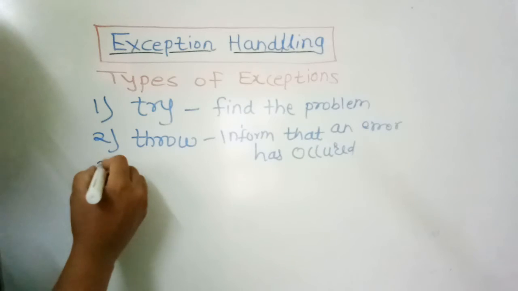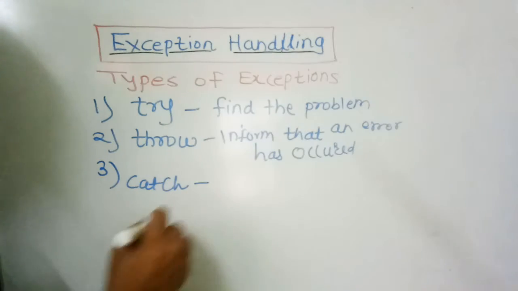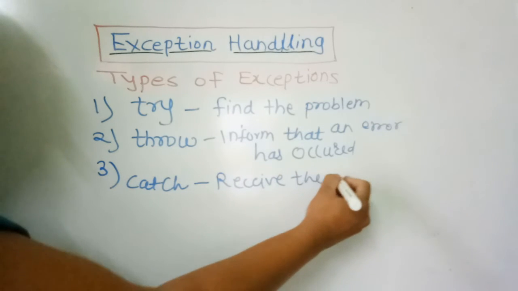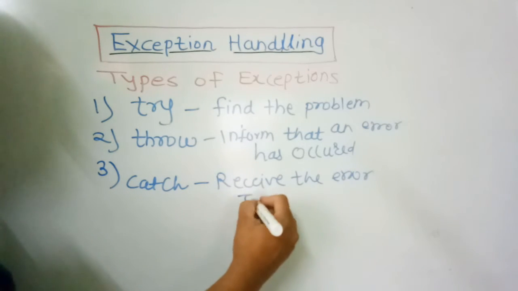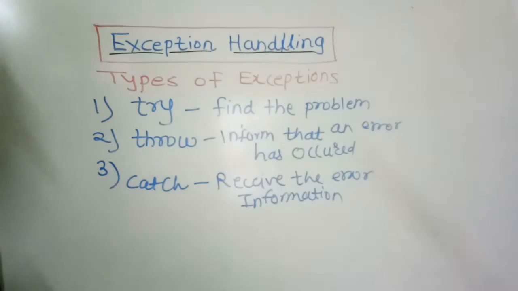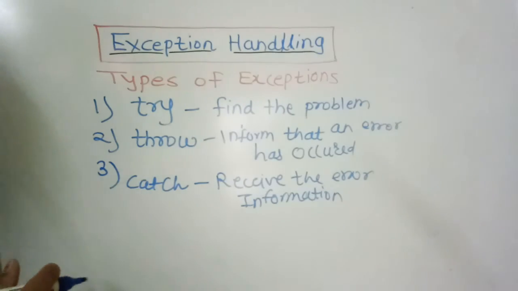Third is the catch mechanism. It receives the error information. The catch receives the error information from either the try or throw mechanisms.